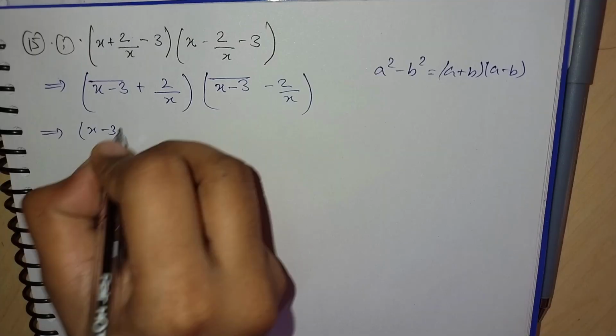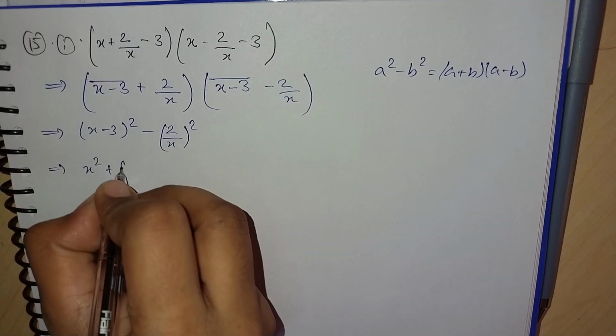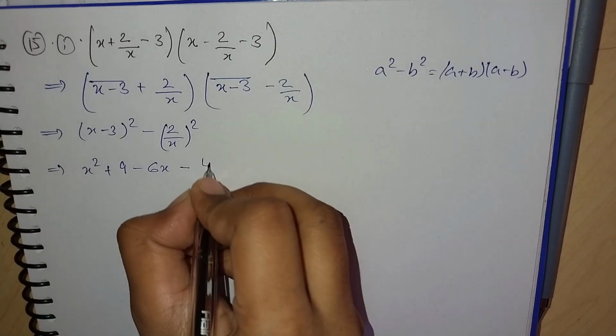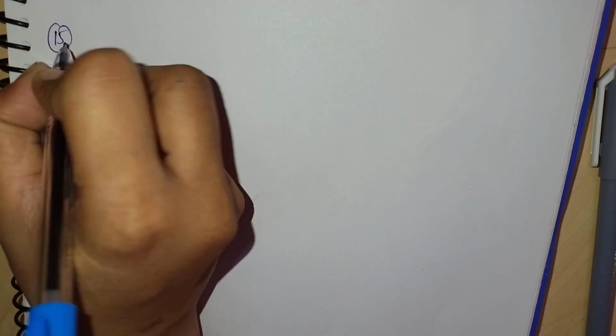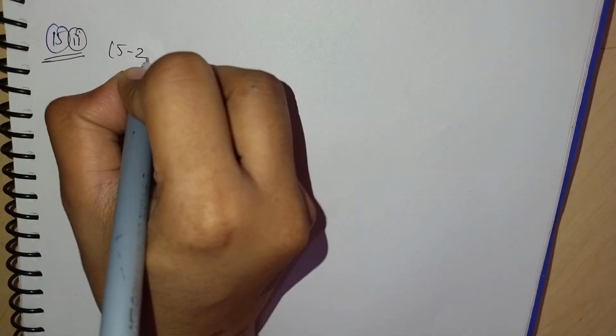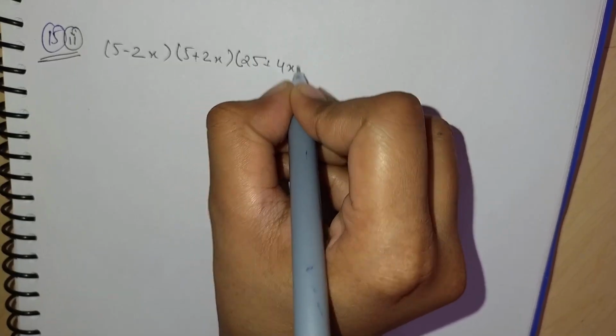Here it is (x − 3)² − (2/x)², equal to x² + 9 − 6x − 4/x², the answer in this question. Now the second part of the 15th question is (5 − 2x)(5 + 2x), which gives 25 − 4x².